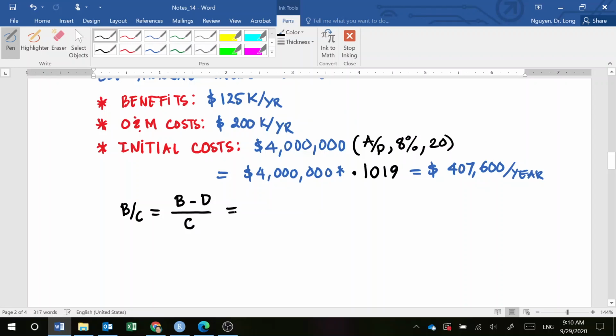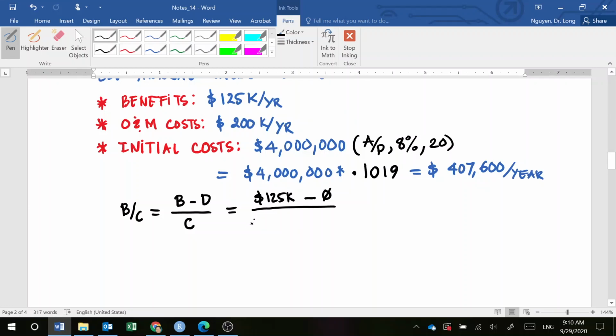So we have the benefit 125,000 per year minus disbenefits 0. The costs, by definition from the first videos, include the initial cost and the operation and maintenance cost, with the annual amount as you can see.